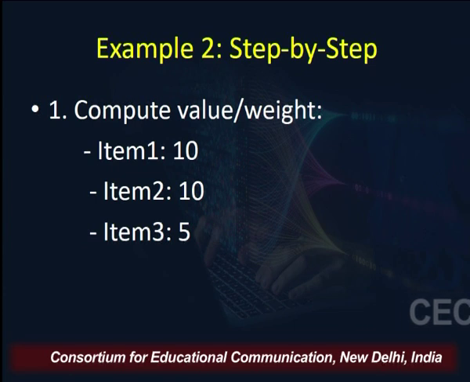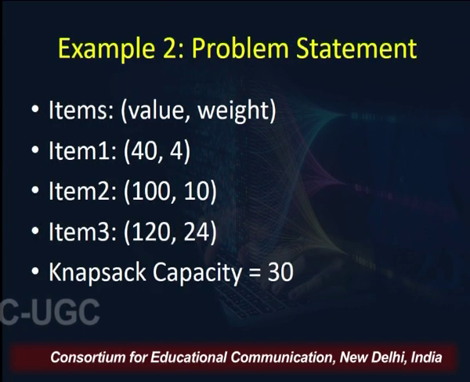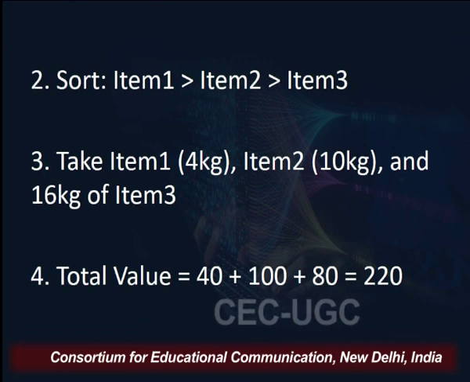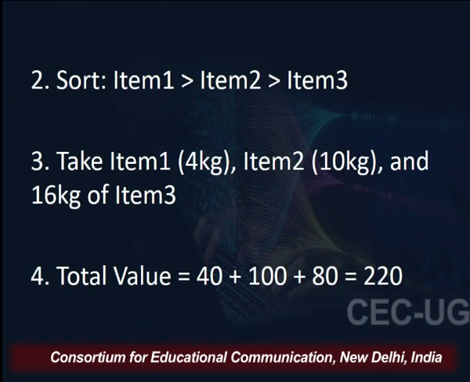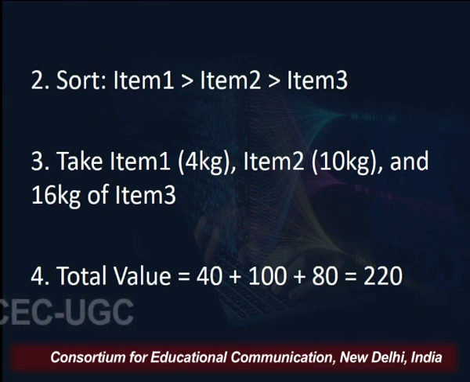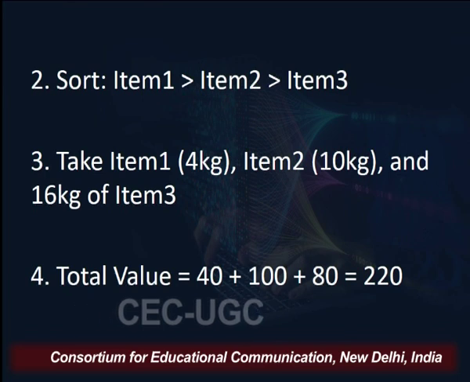So, the lowest value by weight ratio is that of item 3, while item 1 and item 2 have the same one. In case of these kinds of ties, you can choose either item 2 or item 1. So, after sorting by value by weight, we have item 1, item 2 followed by item 3.